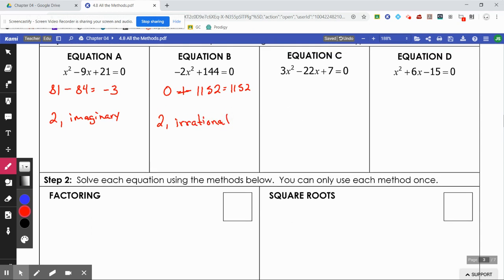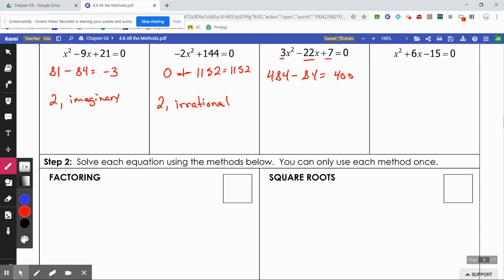In our third equation, b squared minus 4ac, b is -22, so -22 squared is 484 minus 4 times 3 times 7, which is 84. Subtract that and that gives you 400. So therefore, since it's positive, we're going to have 2 solutions.